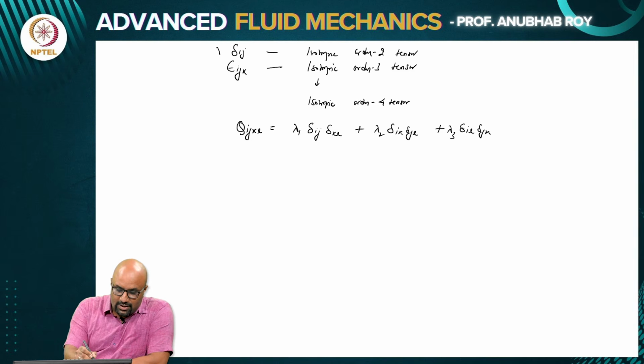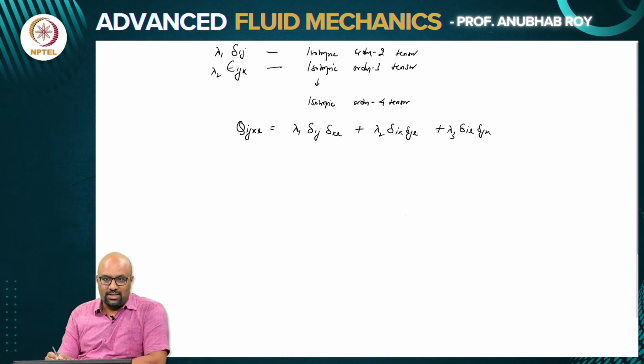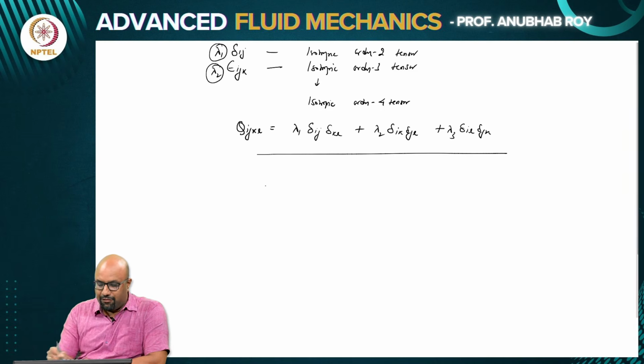Because here I can always multiply these with some constant and they would continue to be isotropic, because we know a scalar is always isotropic. So, if I take the identity matrix and multiply it with some number, that is also an isotropic quantity. So, the isotropy continues to be the same even if it is multiplied by some scalar quantity. Now, for an order 4 tensor, there are no separate order 4 tensors. Whatever you have is basically a linear combination of the order 2 tensor products.